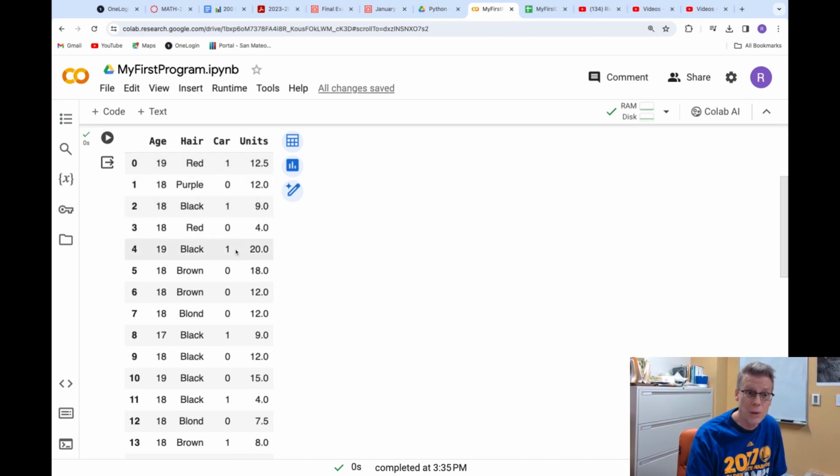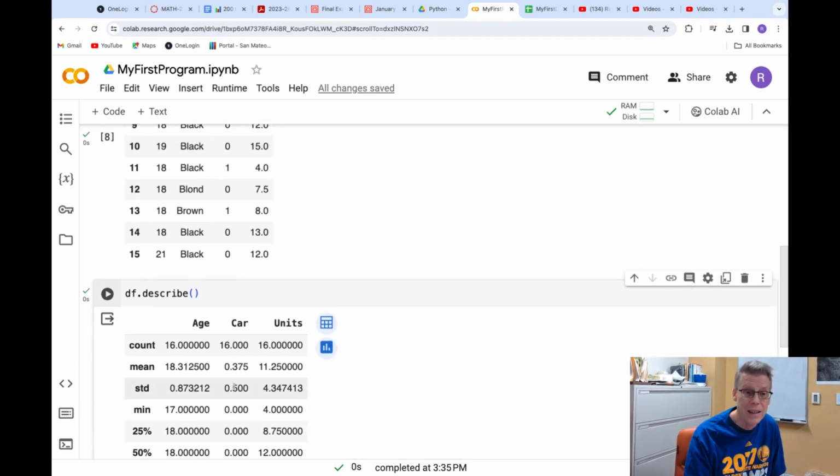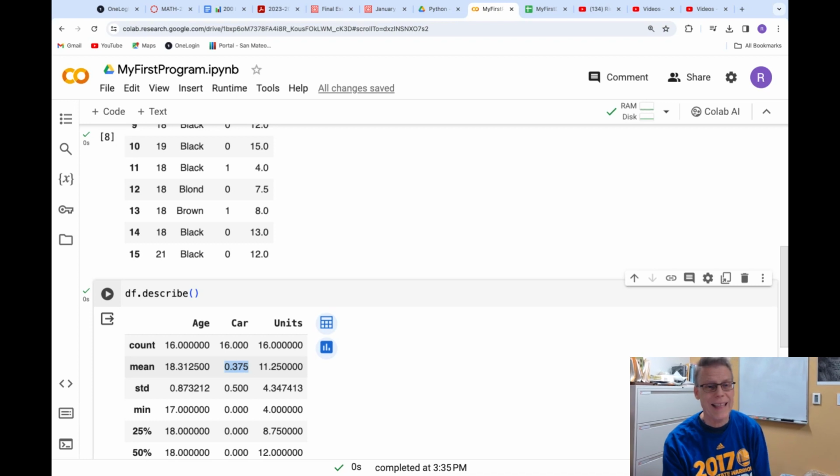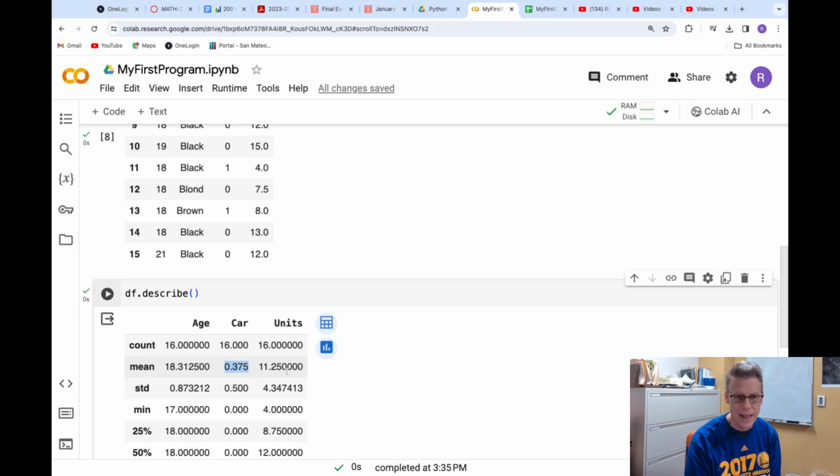So there's 1, 2, 3, 4, 5, 6 altogether, 6 ones, and 6 out of 16 is 37.5%. So this mean does have something that we can make sense out of, but it's not average, like an average bunch of numbers. Like this is that those 16 students are taking an average of 11.25 units, right?